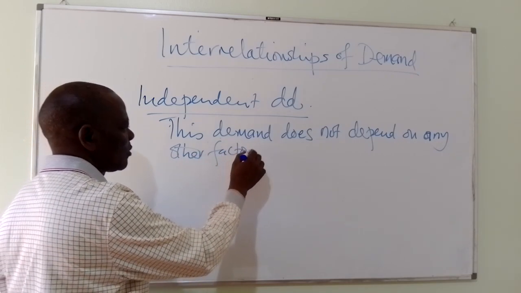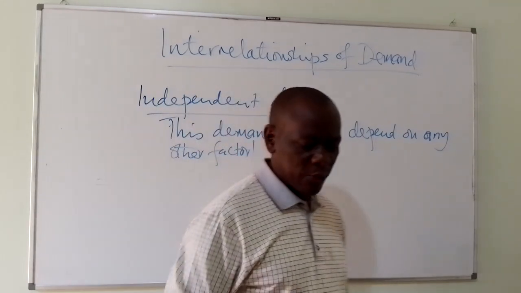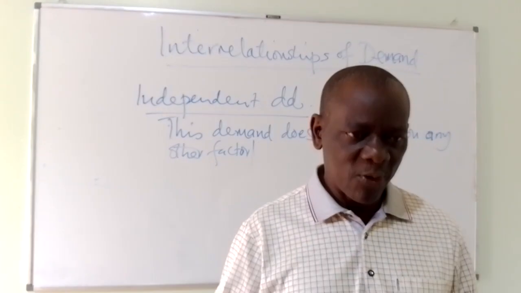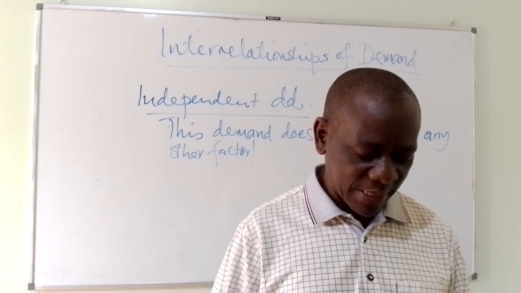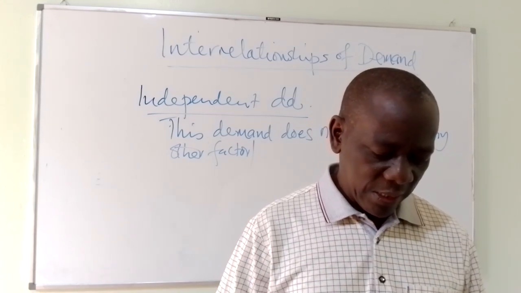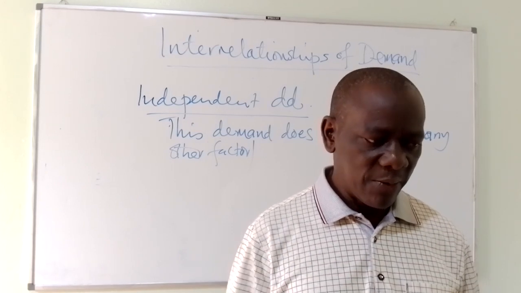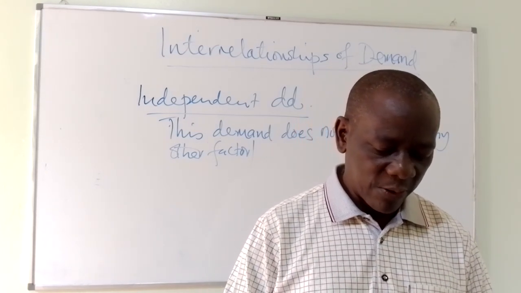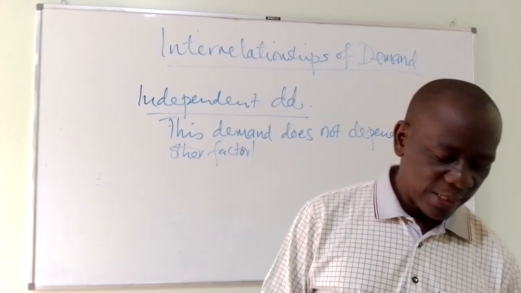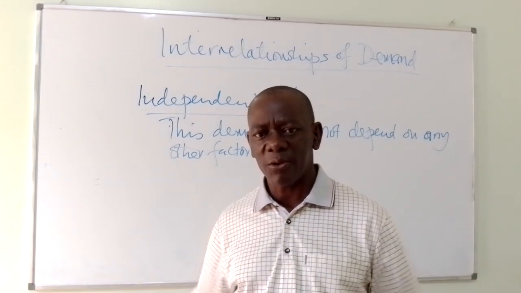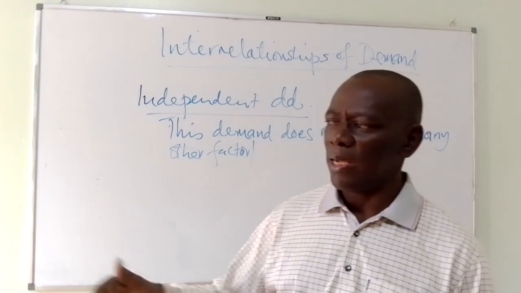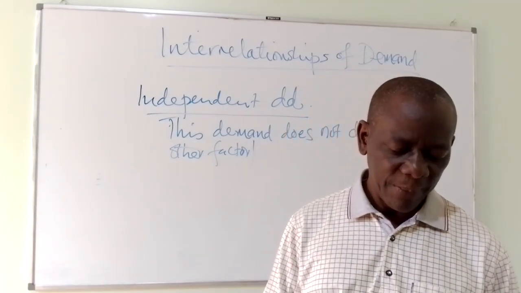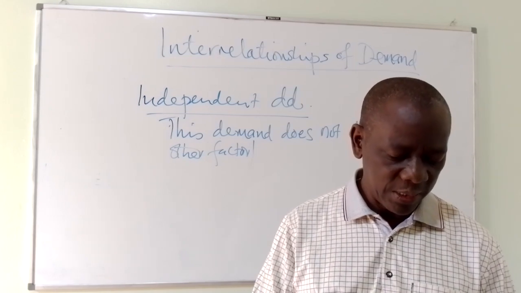Sometimes you say any other reason. You demand that commodity for its own purpose and nothing else. It has no external influencing factor. It is a kind of demand for the commodity that does not need you to buy any other commodity or any other related aspect. It is independent. That is what we call independent demand.